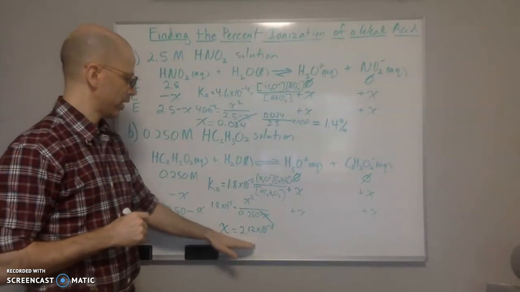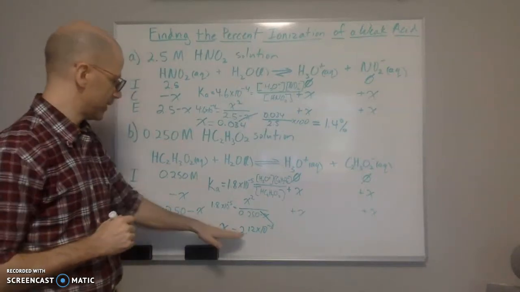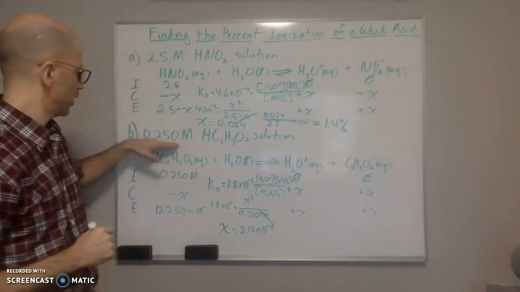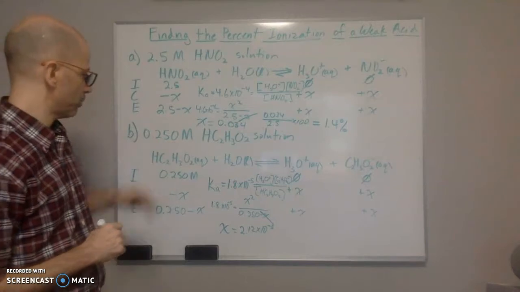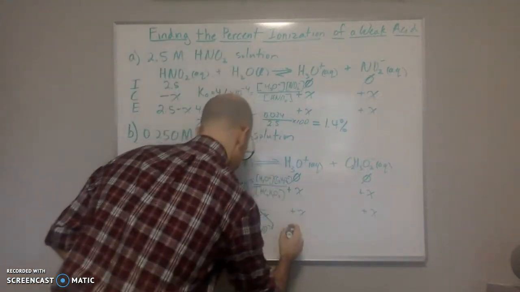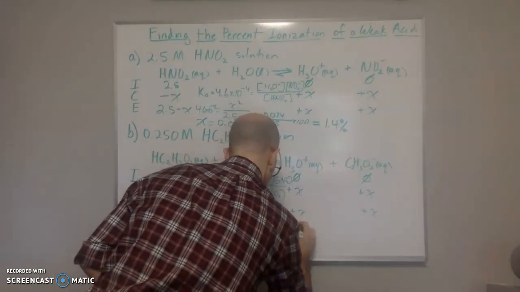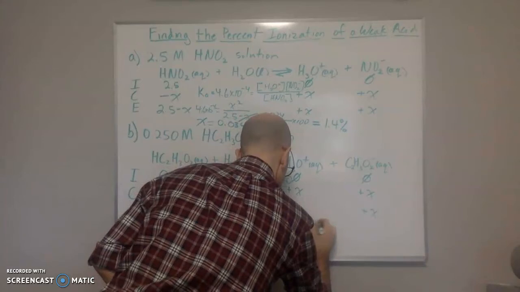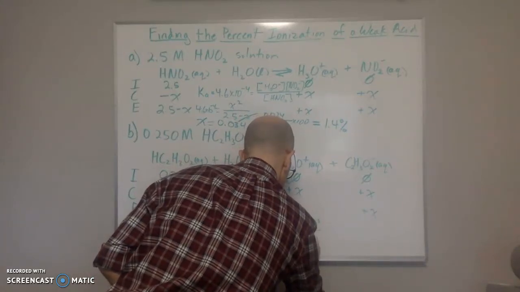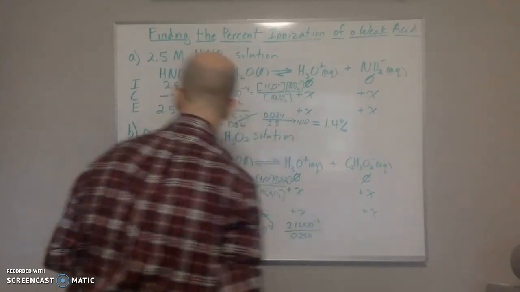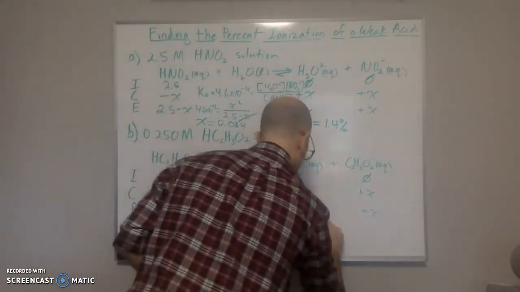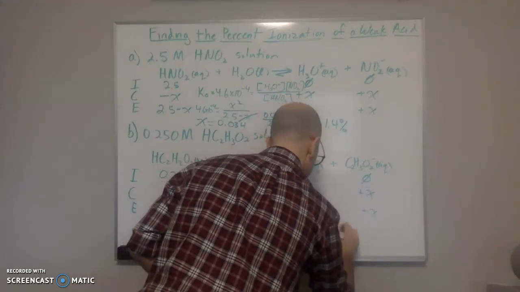And so now we can find the percent ionization by taking x divided by the original concentration multiplied by 100. So we'll take 2.12 times 10 to the negative 3 divided by 0.250, multiplied by 100.